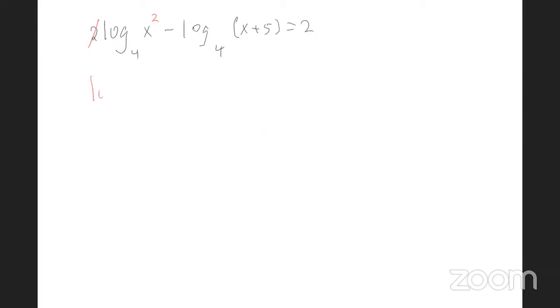So this is log to the base 4 of x squared over x plus 5 is 2. I'm going to convert to exponential form. So I'll get 4 squared is x squared over x plus 5. Cross multiply, that'll give you 16 by x plus 5 is equal to x squared. So 16x plus what? 5 by 16 is how much?